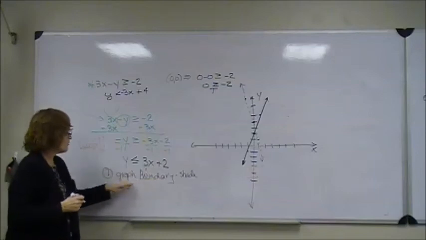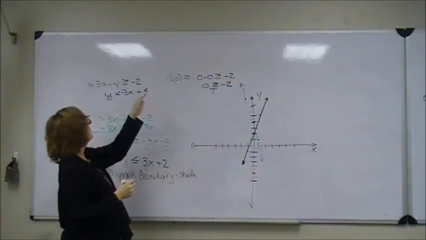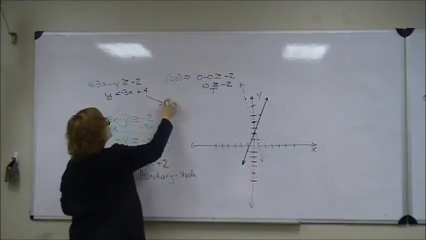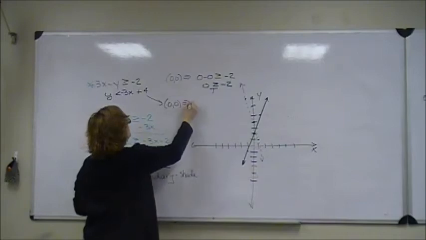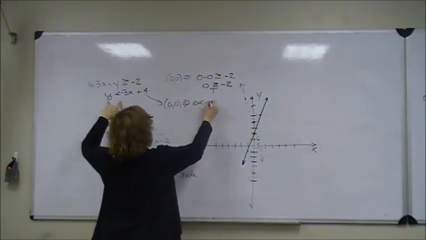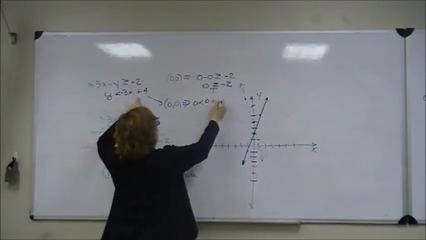So I've graphed the boundary, and the second part is shading. So I have to pick a point. Oh, good. This point works again, so let's do 0, 0. 0 is less than, oh, that's negative 3 times 0 is 0. I almost made a mistake. Plus 4.